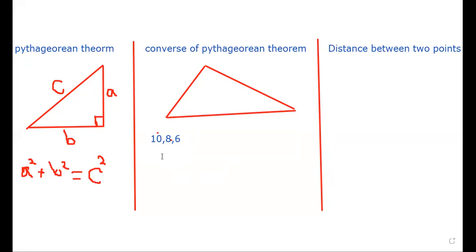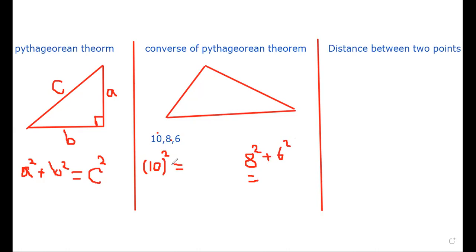How can we solve? We will choose the greatest number, which is 10 to the power of 2, on one side. On the other side, we will put 8 to the power of 2 plus 6 to the power of 2. And then we will start to compare.